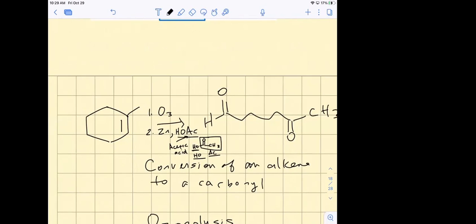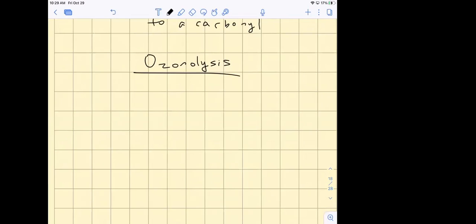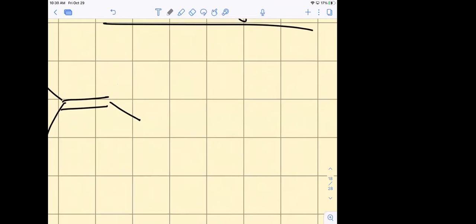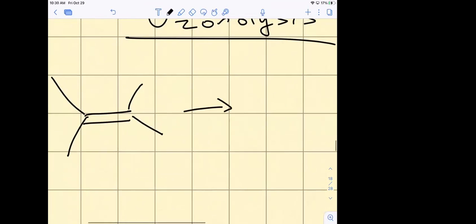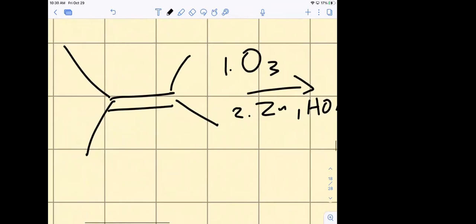I'm actually going to pull up the PowerPoint with the structures on it so we can go through it. But let me give you a generic example. All right, so if I have an alkene like this, and I treat that with ozone, the most basic way to think about this is to think about the alkene being cracked in half, right?